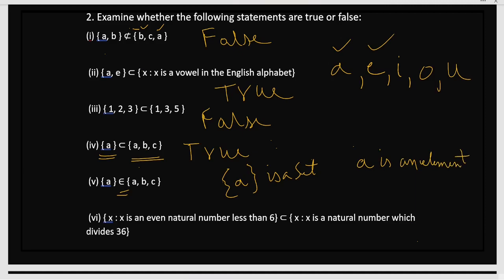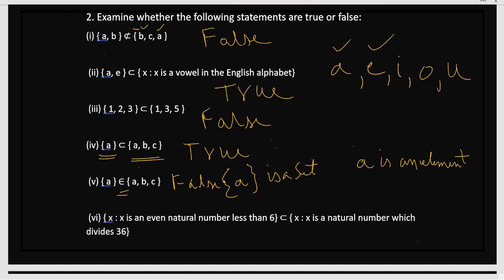So the set is not in {a, b, c} as an element. So this is false. I repeat, as a subset, this is true. As an element, this is false.